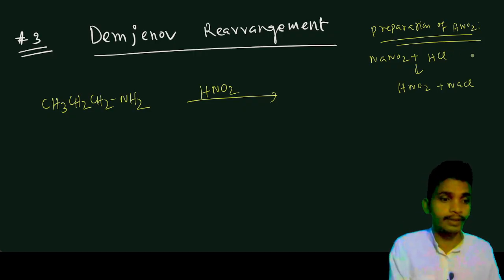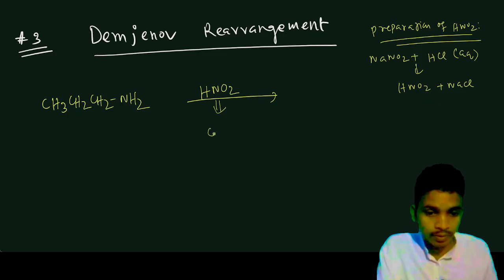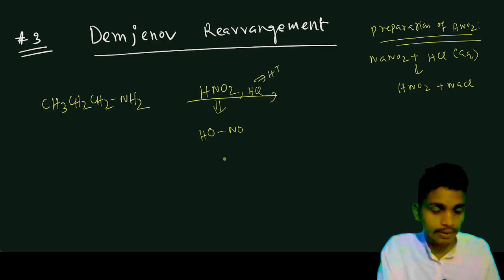Let's say this is aqueous. This HNO2 is actually HO-N=O, OH and NO. And here acid is there, which will protonate to give H plus and Cl minus.